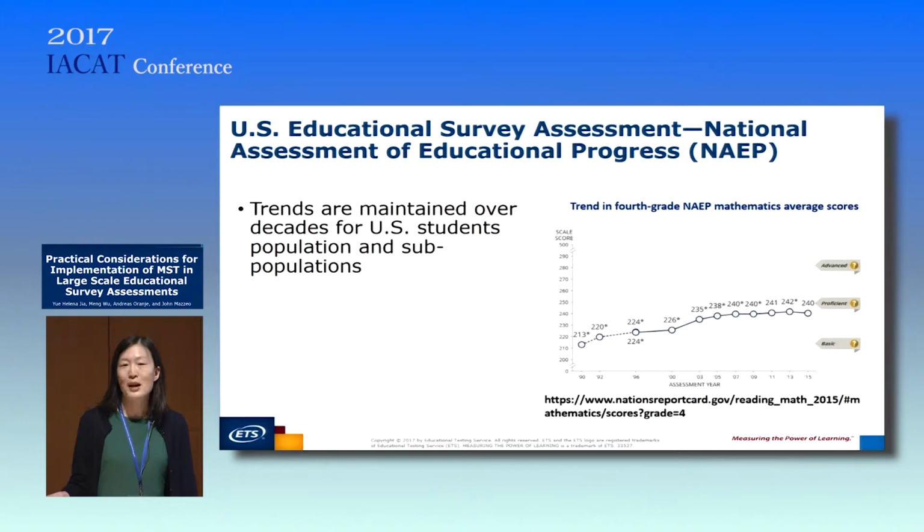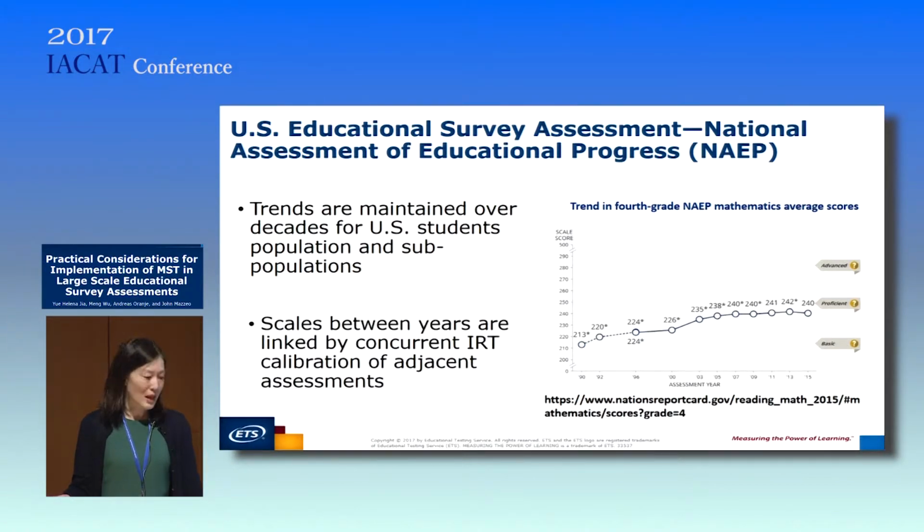The program has built up decades of scores tracking the populations of the United States and for different states and demographic information. So what we don't want to do is change to a different design and say, now the trend cannot continue. Your score from a new design cannot be compared back to 10, 20 years ago. That is the primary goal when we want to implement a new design. Are we changing how the program has been doing really well?